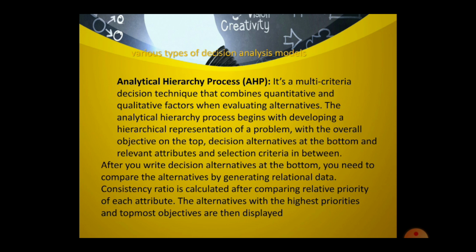After you write the decision alternatives at the bottom, you need to compare the alternatives by generating relational data. Consistency ratio is calculated after comparing the relative priority of each attribute. The alternative with the highest priority and the topmost objective are then displayed.